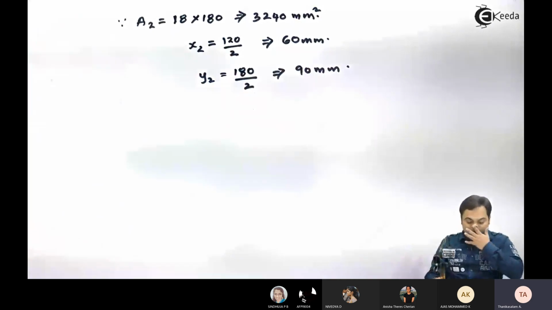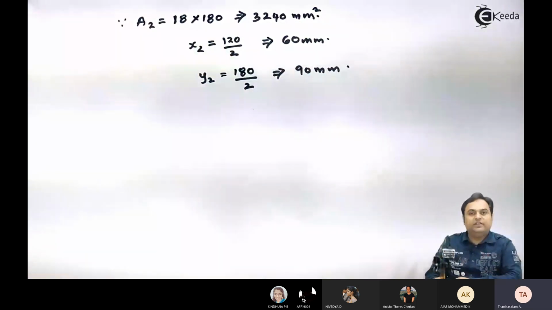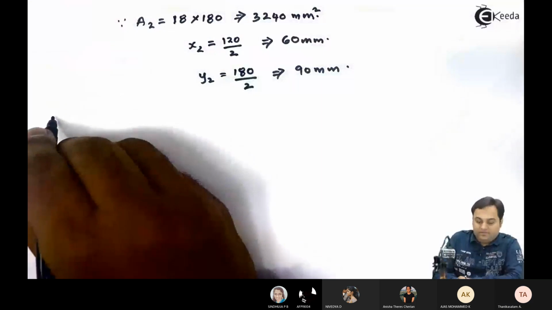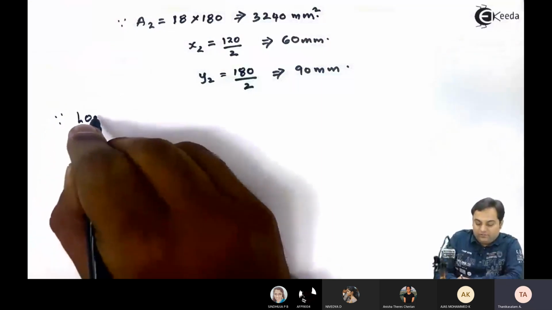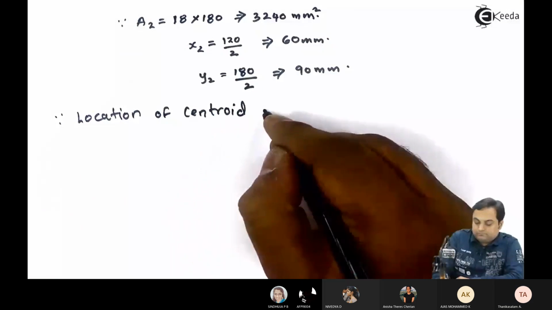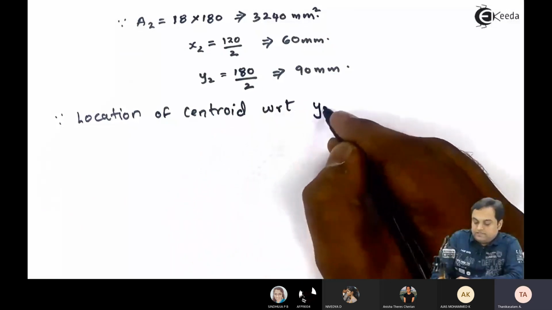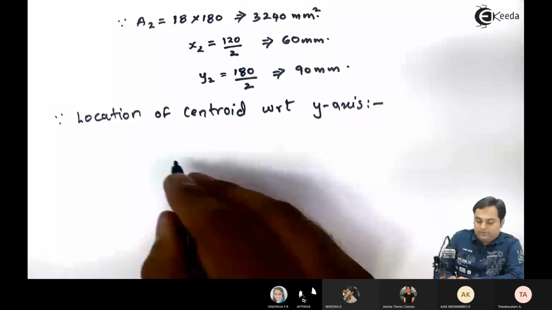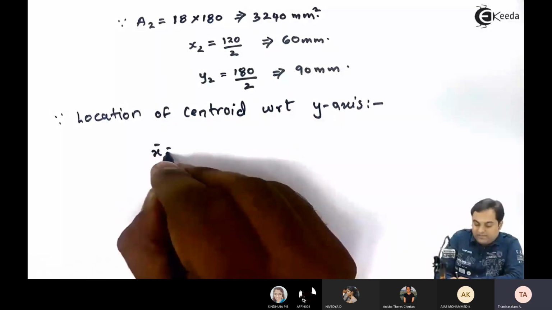Now once we know all the values, we can multiply them with respect to the y-axis.